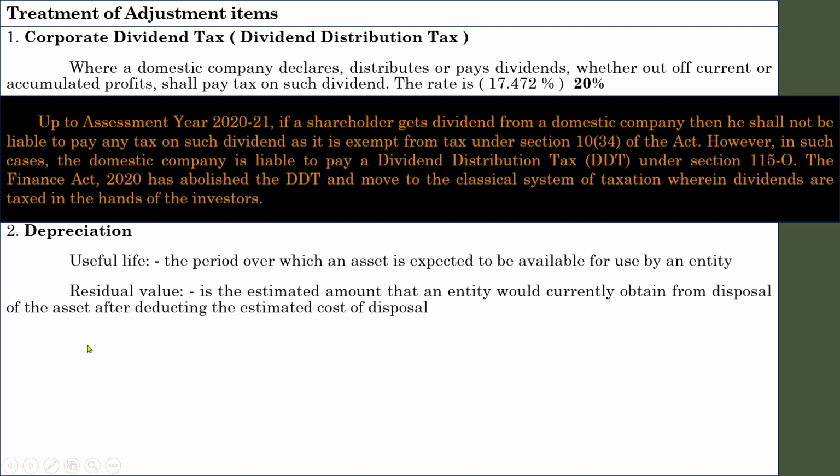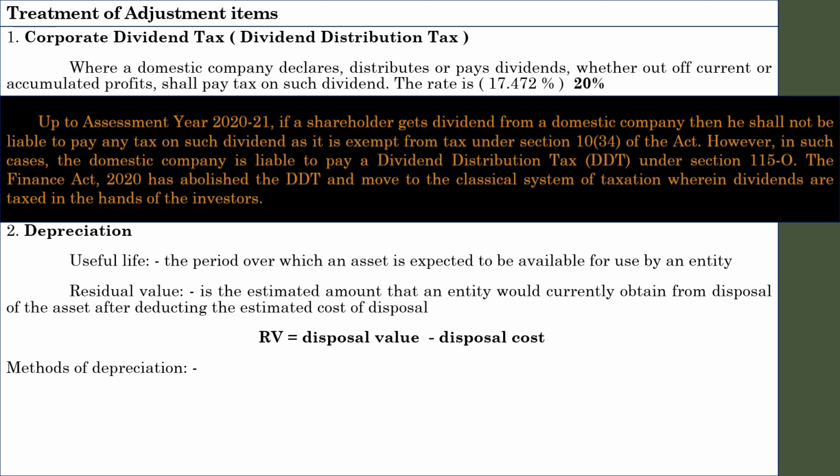So residual value is the amount that a company would obtain from the disposal of the asset. Remember, after deducting the estimated cost of disposal. If there is any cost for disposing of that particular asset, you have to consider that cost, and after that, if there is any amount left over, that amount is known as residual value, and it is also very important while dealing with depreciation. Residual value is disposal value minus disposal cost.